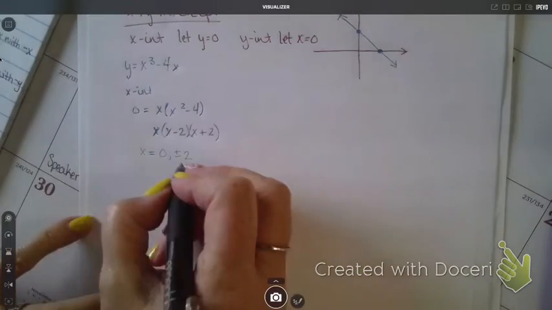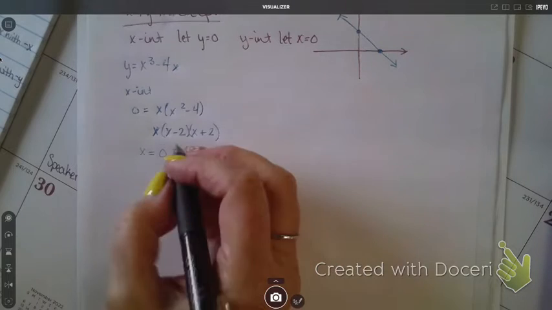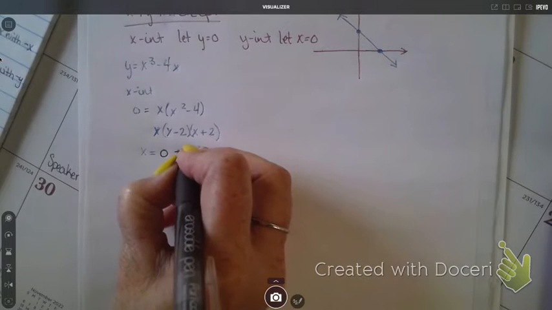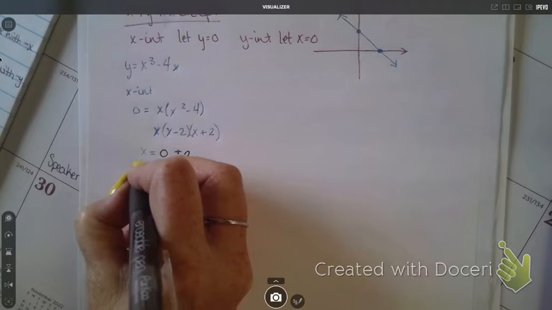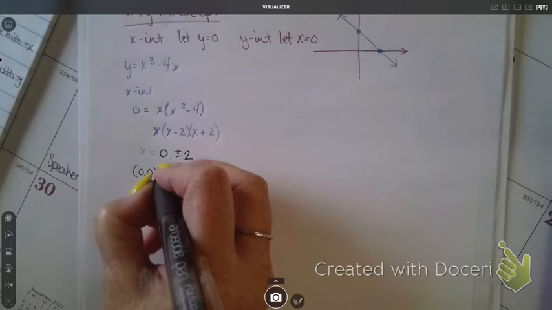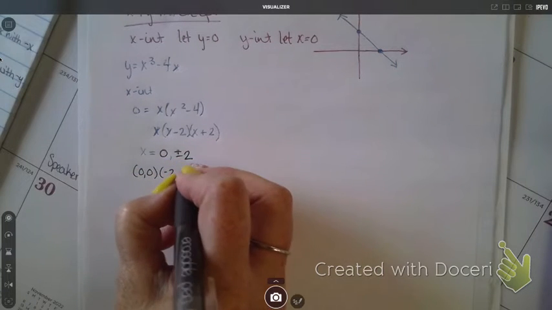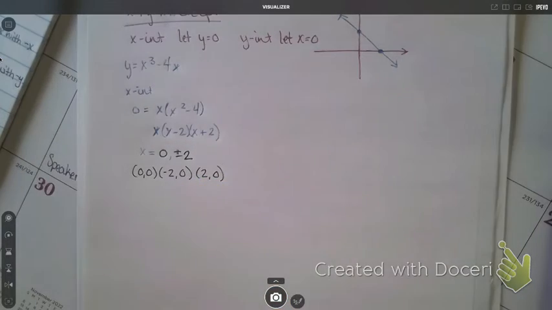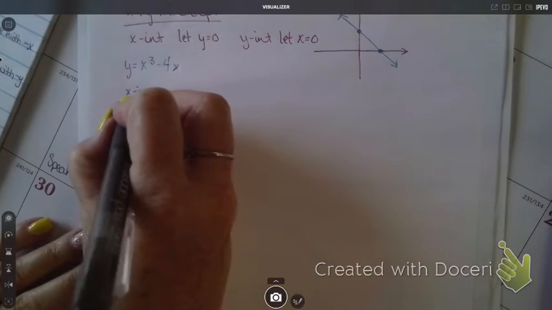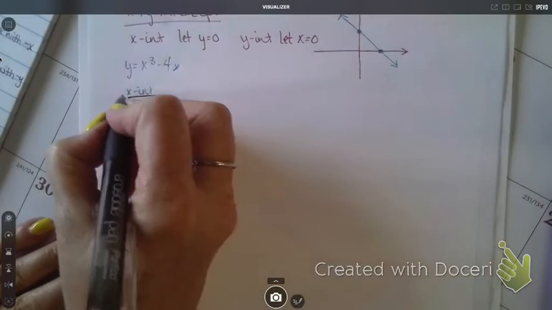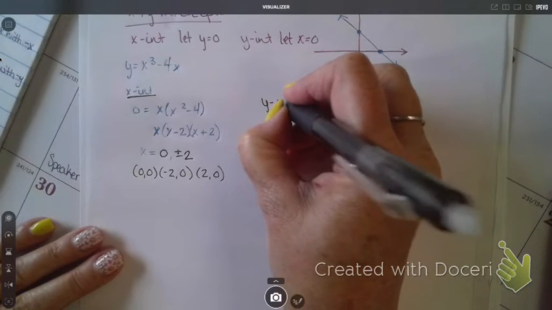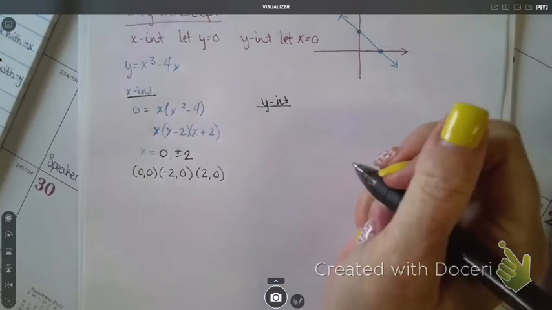But how do I write an x-intercept? As a coordinate. That is the coordinate. So I have 0, 0, negative 2, 0, and 2, 0. Okay, I would prefer that you always label your work when you're doing these, so you know, I know, it actually saves a lot of confusion.